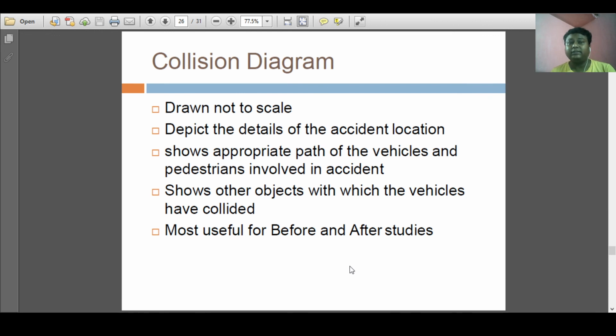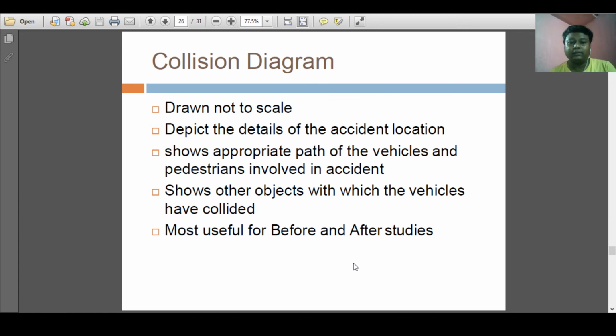Now the next thing is how we find out, or how we plot, this accident study. We plot the data obtained from a particular location where accidents occurred by some diagram, that is called the collision diagram. What is a collision diagram? A collision diagram is drawn not to scale.